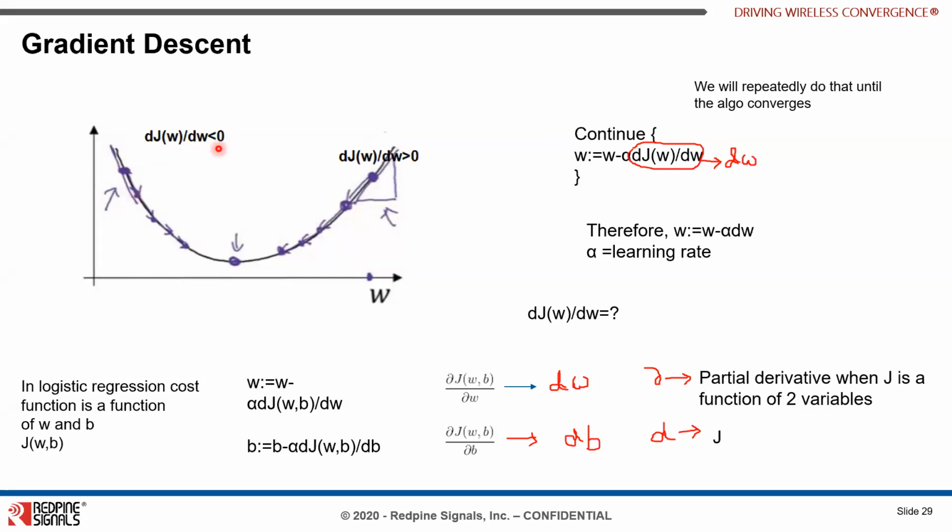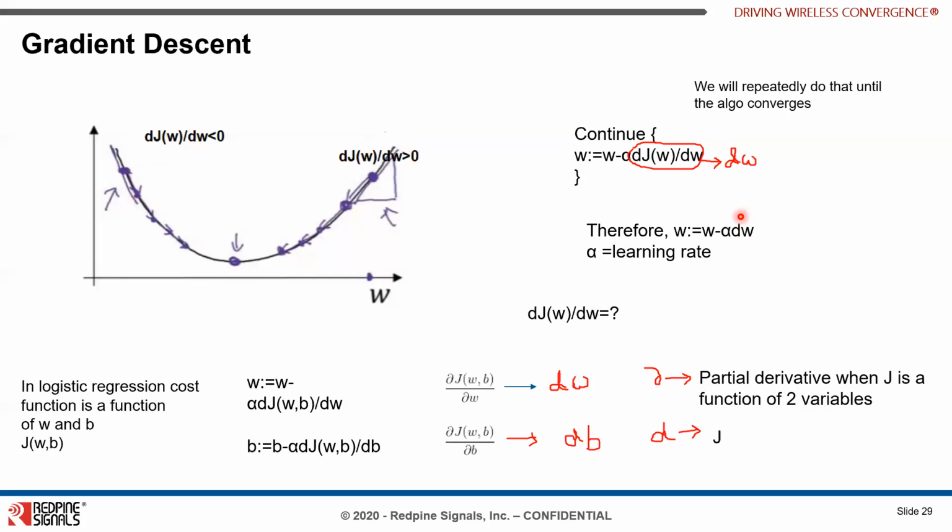So you will write W = W - alpha times a negative slope. You can also write dJ(W)/dW as only dW. Just keep in mind that it is the representation dJ(W)/dW; you can write only dW also.